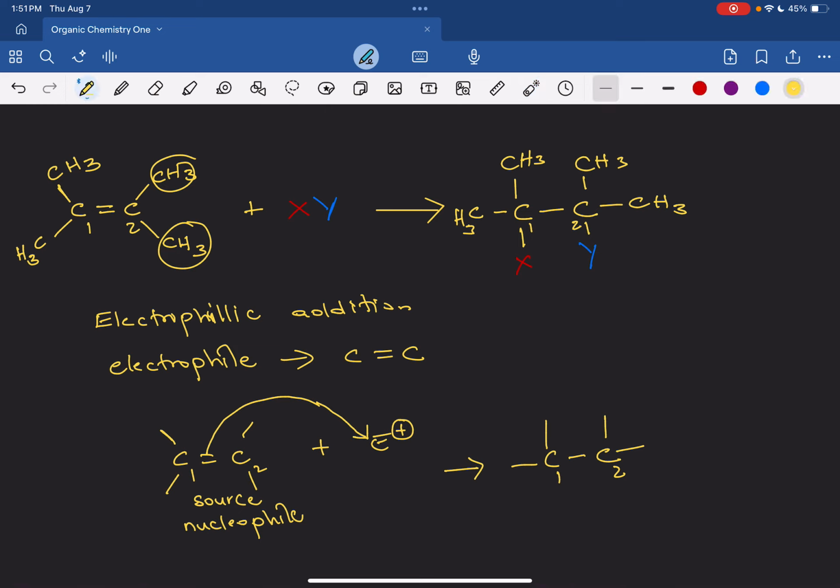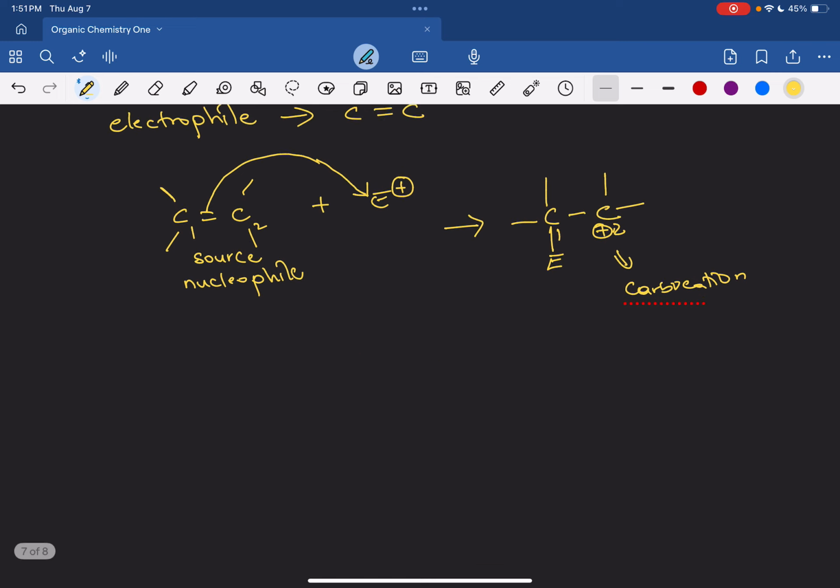We're going to add the electrophile to carbon one. If I add the electrophile to carbon one, what happens to carbon two, since the double bond broke, is that carbon two now has three bonds. With carbon two only having three bonds, it has a positive charge, and this is what we call a carbocation. There's a video on carbocations, their stability, etc. Extremely important when you talk about reactions with alkenes.